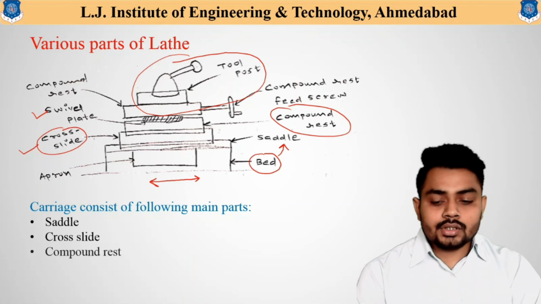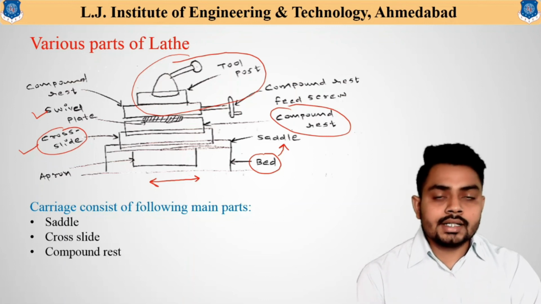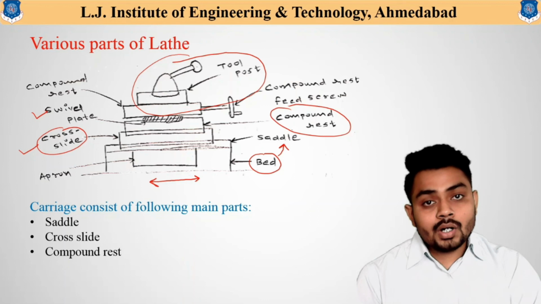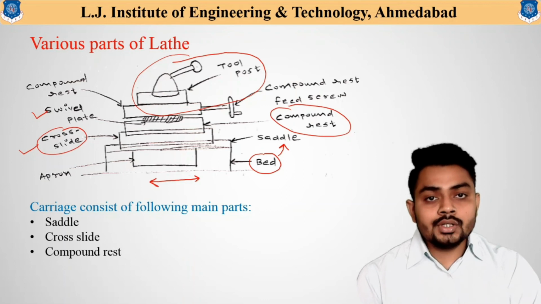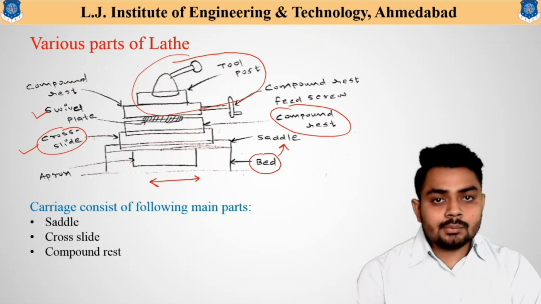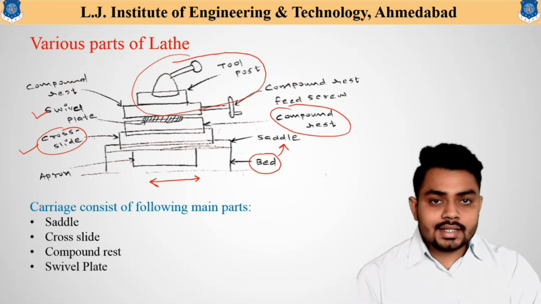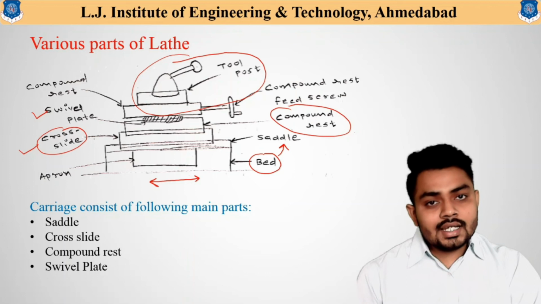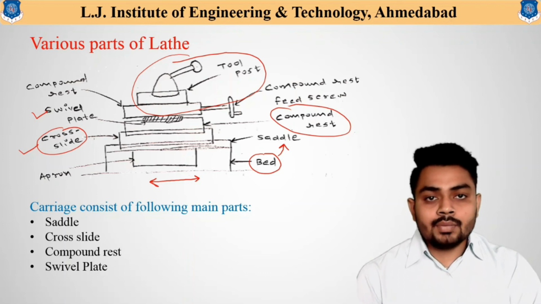Now the next important part is the compound rest. This compound rest is helpful during the turning or taper turning operation. And above this compound rest, the swiveling plate is available, with which we can adjust the taper angle.